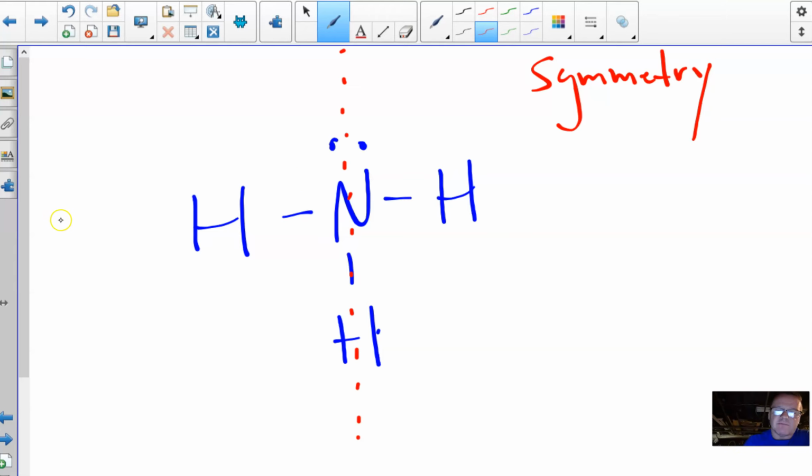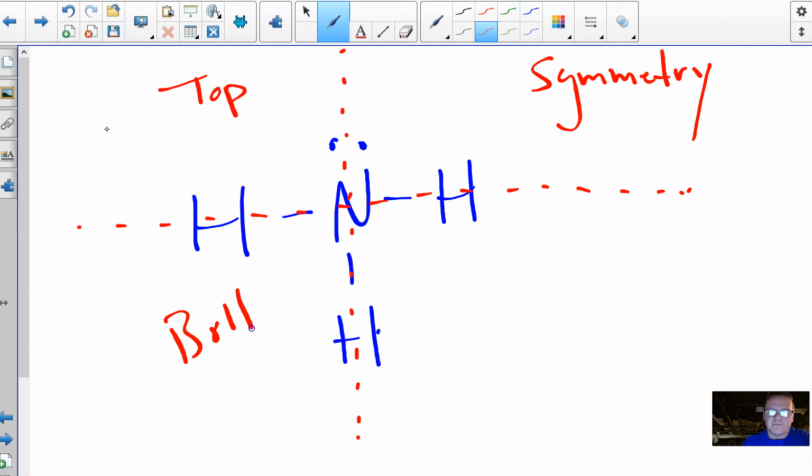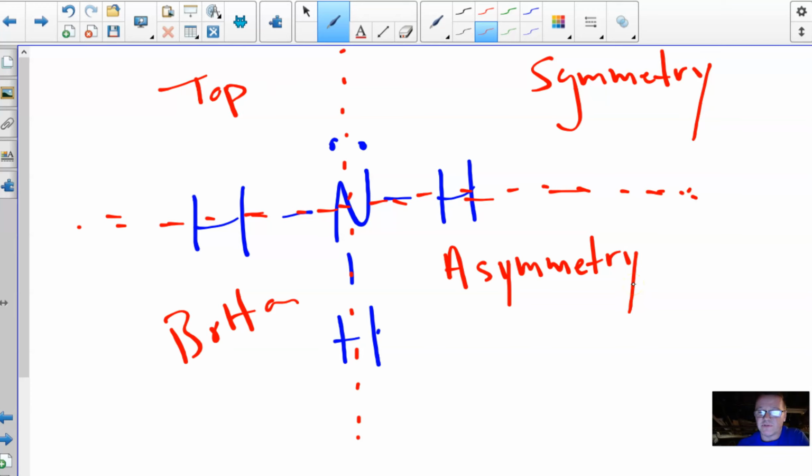But if I were to draw the line this way and look at this as a top versus bottom scenario across this line, it's not going to be symmetrical, because on the bottom down here I've got this hydrogen atom, and on the top here I've got this lone pair. So this would be asymmetrical. Now, when I say that it's asymmetrical, think about what that means in terms of an unequal or equal sharing of electrons.